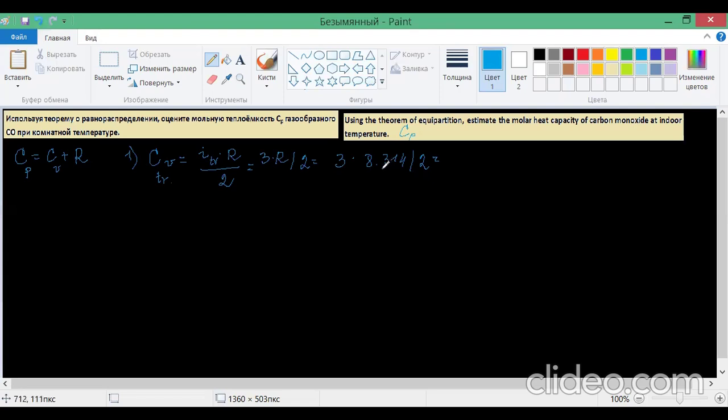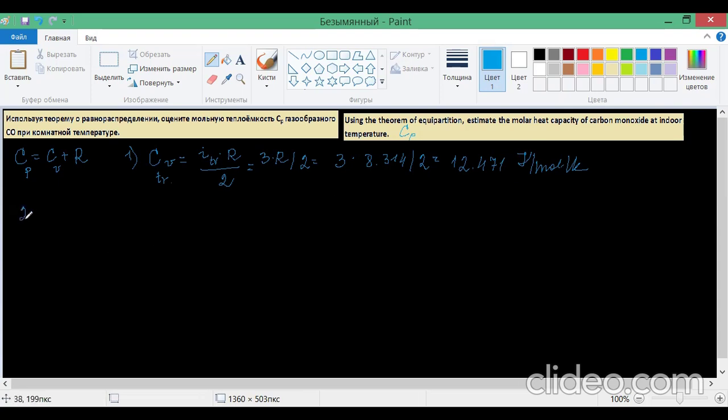And it is equal to 12.471 joules per mole per Kelvin. Okay, this is the first input of the translation movement of the molecules of this gas.